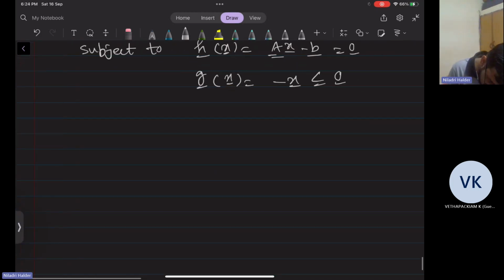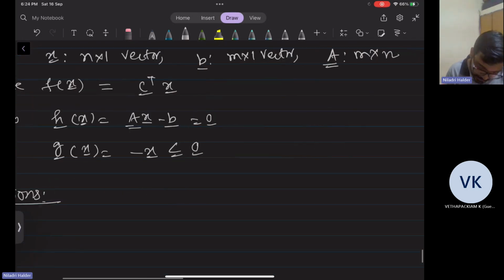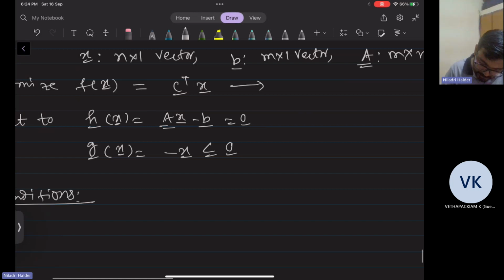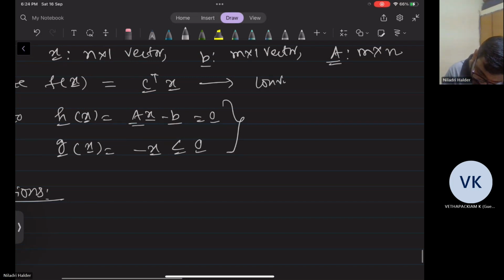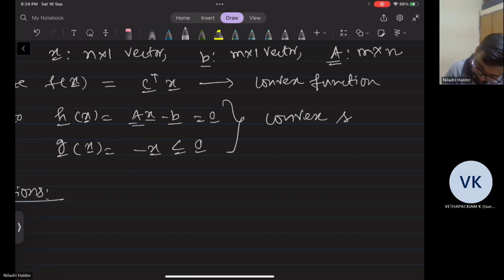Now we need to write down the KKT conditions. How to solve this optimization problem? KKT conditions. And you see that this is a convex function, and this is also a convex set. You can check that from the basics of convex functions and convex sets.